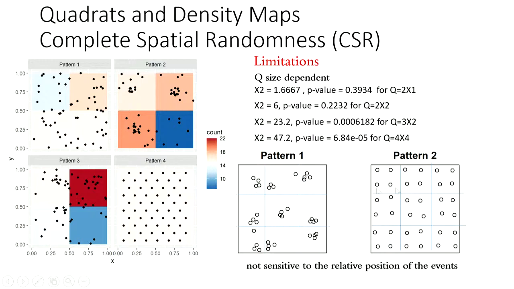So for these two patterns, based on the quadrat analysis, we'll find an equal number of events has occurred, and in those cases it will indicate that both patterns are regular patterns. So the non-randomness will not be shown in these cases.